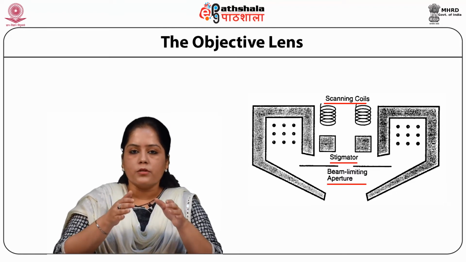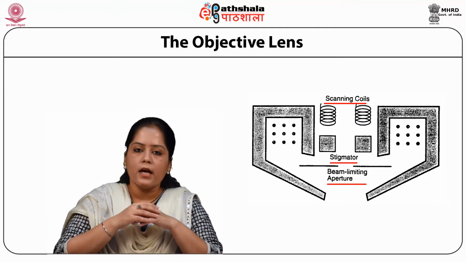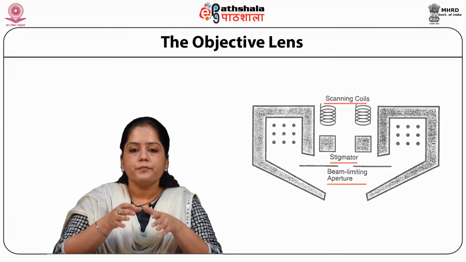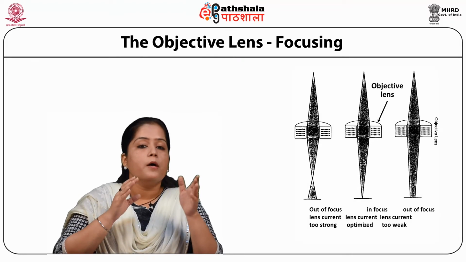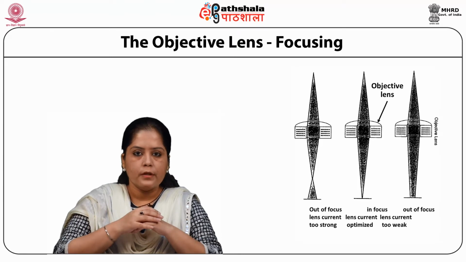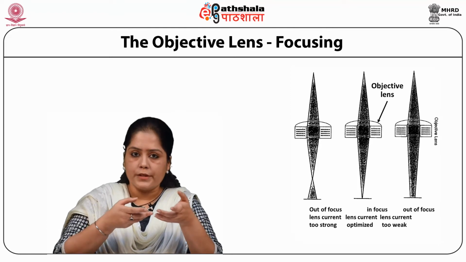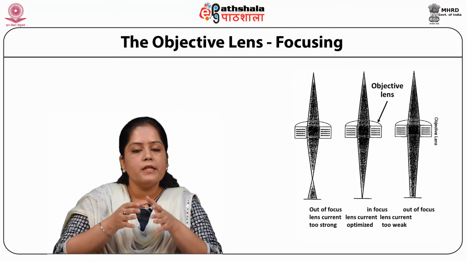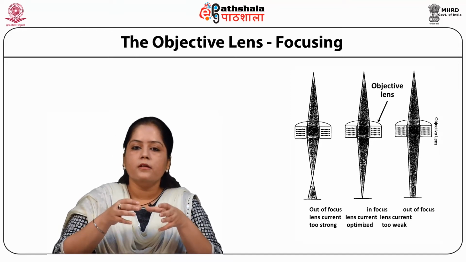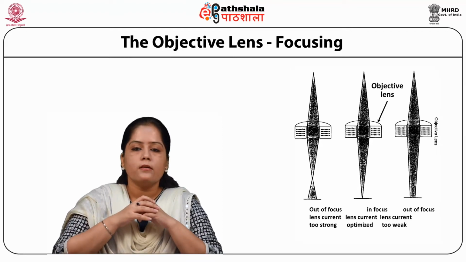The crossover image is finally demagnified to approximately 10 nanometer beam spot, which carries a beam current of approximately 10^-9 to 10^-12 amperes. By changing the current of the objective lens, the magnetic field strength changes, and therefore the focal length of the objective lens changes, as shown in this figure.